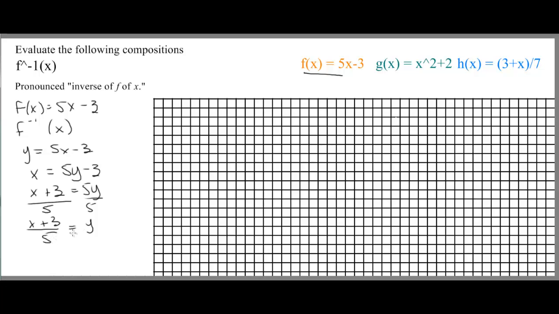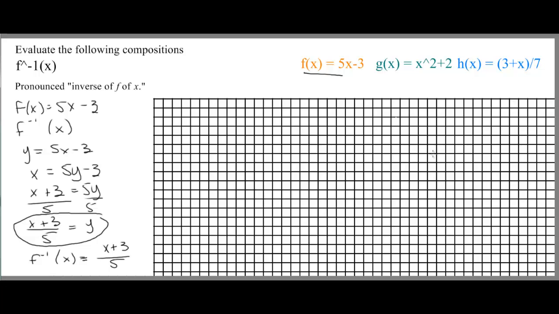This is as far as we can go. It's as simplified as it can be. So the inverse of f of x is y equals x plus 3 over 5. We can rewrite that here: inverse of f of x is x plus 3 over 5.